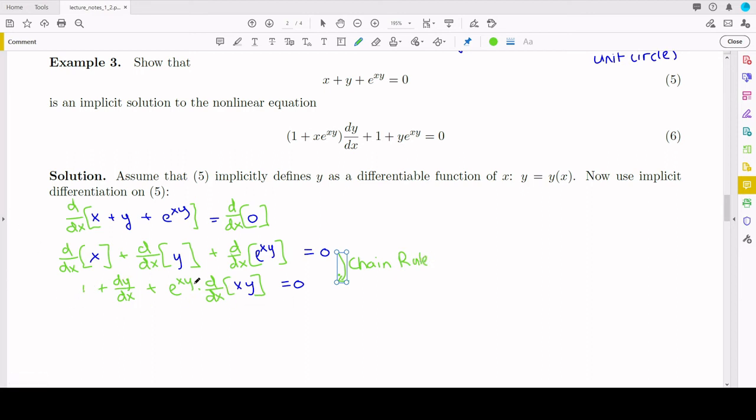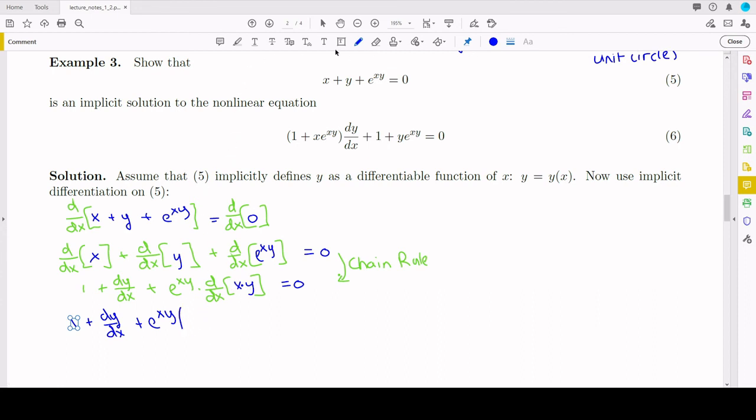Okay, so let's take a look at this now. So we have 1 plus dy/dx, and then plus e to the power xy. And now look at this inside. We have x times y. So we have a product here. That means that we have to use the product rule.